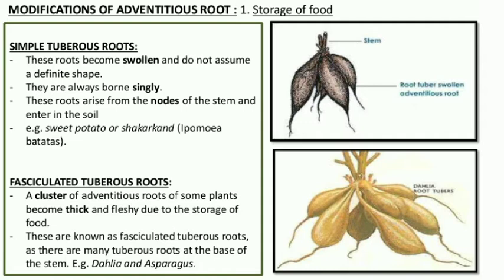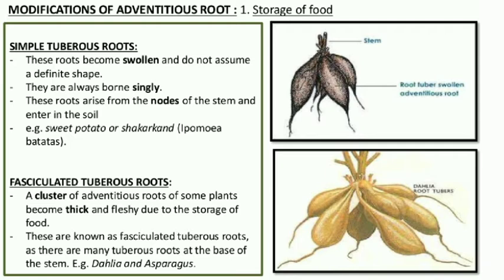Next, fasciculated tuberous roots. Fascicle means bundle, cluster. A cluster of adventitious roots of some plants become thick and fleshy due to the storage of food.